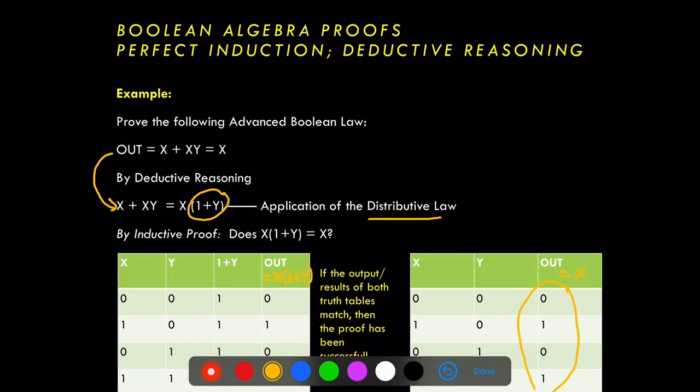So we've effectively taken the and of the first column in the truth table and the third column and come up with 0, 1, 0, 1, which is identical to the truth table on the right. And therefore, by perfect induction, we've proven that x and 1 or y is equal to x. And finally, we've proven that x or xy is equal to x. So this was an example of combining perfect induction and deductive reasoning.